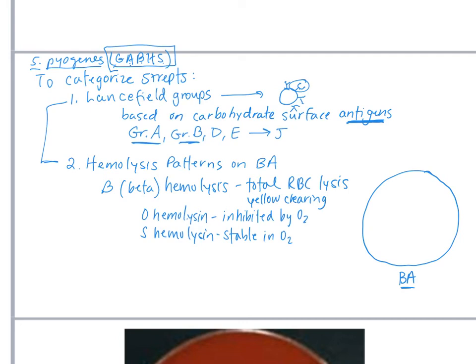When you're streaking your organism out on your blood agar today, I want you to make the first quadrant maybe a little bit bigger than normal, and make sure you get a good heavy inoculum on there. The streps are a little bit harder to grow, so you want to make sure you get plenty of organism on there.